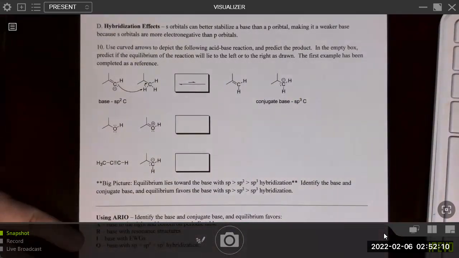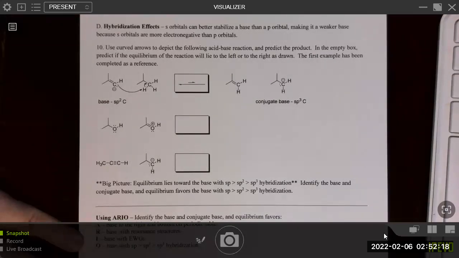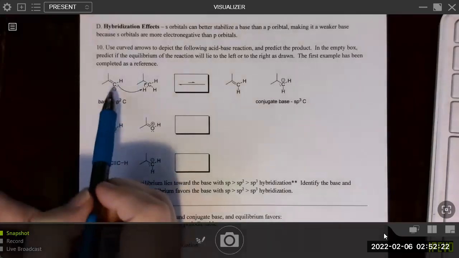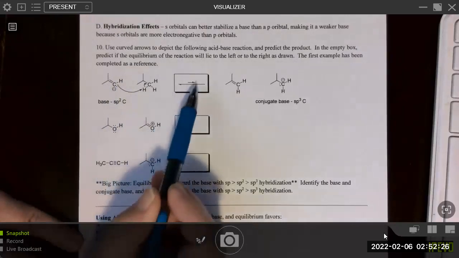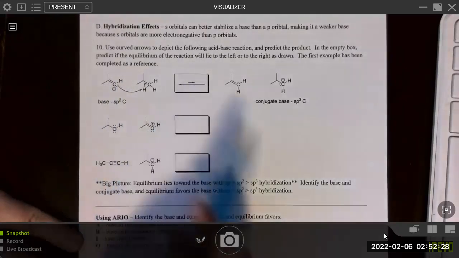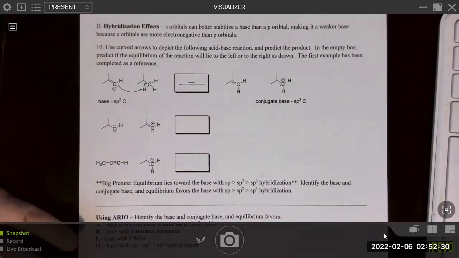So more s character means it's going to be more stable. The electrons will be closer to the nucleus, and you can think of the carbon as more electronegative. And the lone pair simply will be more stable on that carbon. That's why they predicted the equilibrium towards the left here.